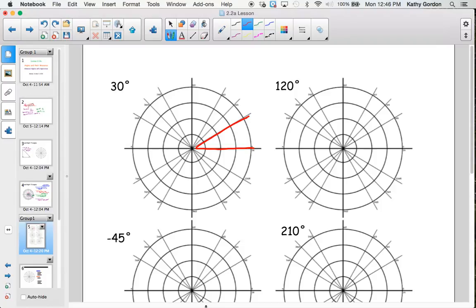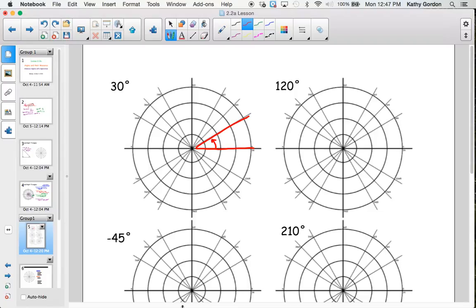And if you're shading it, it's starting to look like you're talking about the area, not just how much rotation there was. So don't do the shading unless you really are talking about area. I think probably why some of you were doing that was to show which way you were rotating. The better way to show it is just to give yourself a little arc with an arrow to show that that's the way I rotated around to get there. Okay, makes sense? And again, standard form, so we're always going to start with our initial side on the positive x-axis and then rotate from there however far we need to go. Okay?